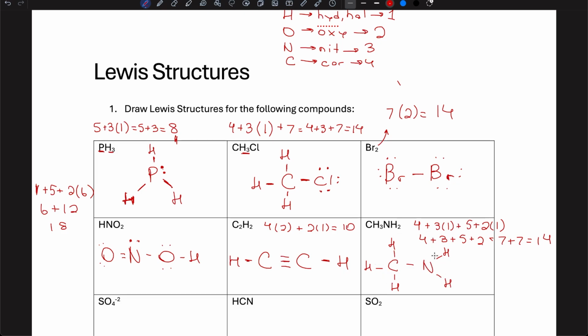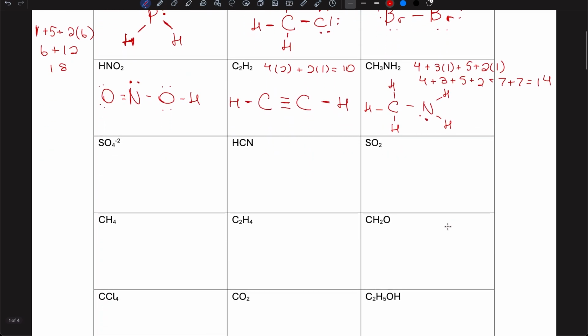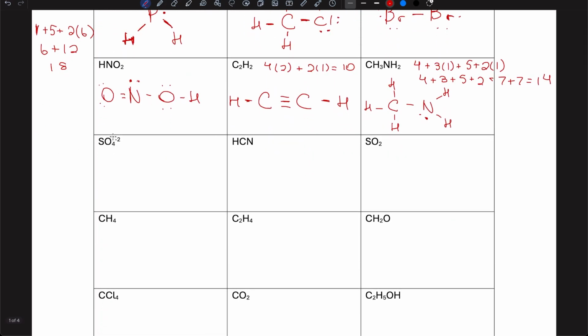And if you see the pattern, nitrogen will again have just 1 lone pair. And if we count all our valence electrons, 1, 2, 3, 4, 5, 6, 7, 8, 9, 10, 11, 12, 13, 14. We have the correct number of valence electrons. And the next problem, SO4 2-. This structure should be familiar, actually.